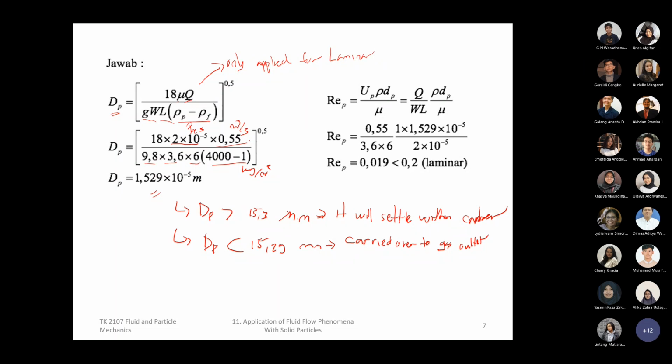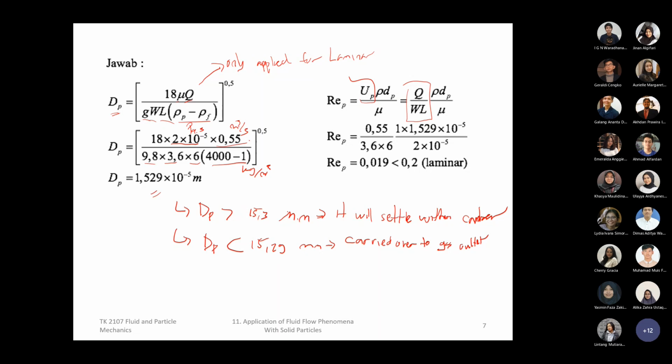Then last but not least, reconfirm the Reynolds number. You still know the U particle that can be calculated as a function of CD, or just by doing the correlation that has been explained in the previous slide, the residence time concept.